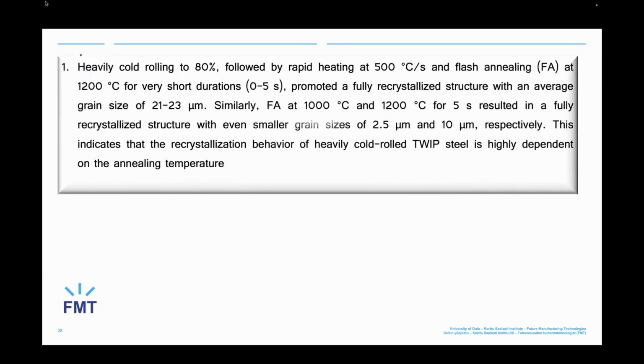Okay, conclusion. This technique gives us full recrystallization of cold rolled steel. Although in carbon steel and other materials we normally apply flash annealing to promote partial recrystallization, because the recrystallization kinetics of this steel are very high, we can get fully recrystallized material without holding time, depending just on the temperature.